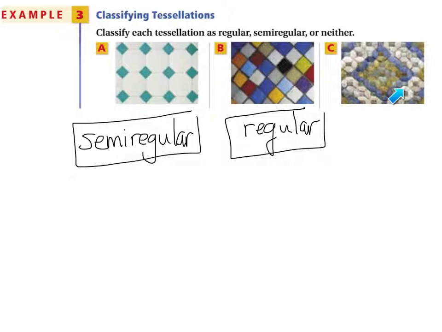But here, we have two 6-sided figures, and we have a square. So therefore, this vertex does not have the same combination of polygons as the other vertex. So irregular hexagons are used in this tessellation, and it is neither regular or semi-regular. So you would say neither.